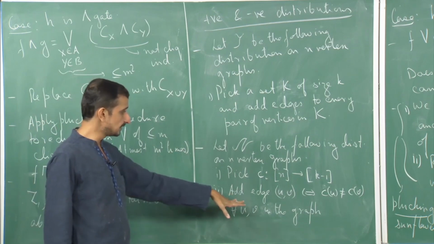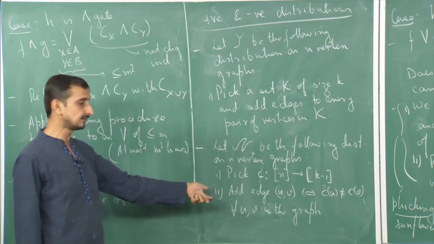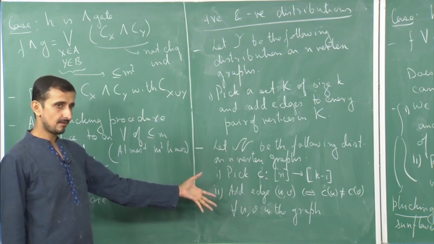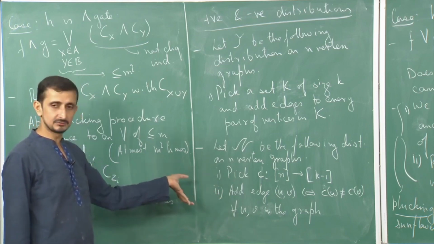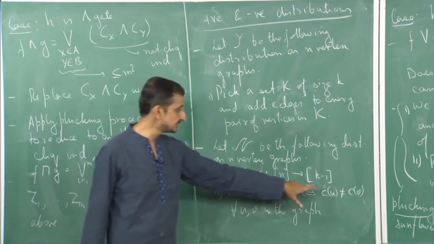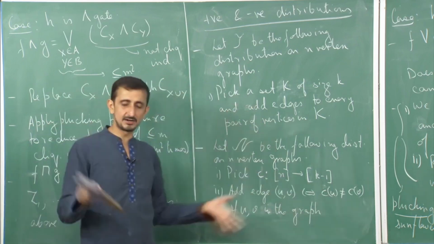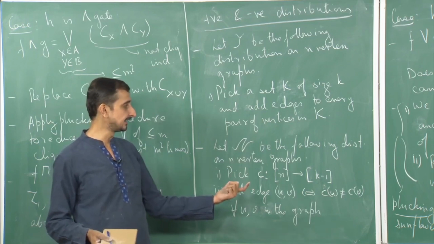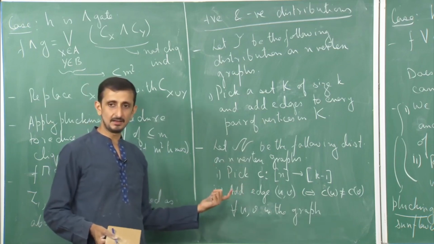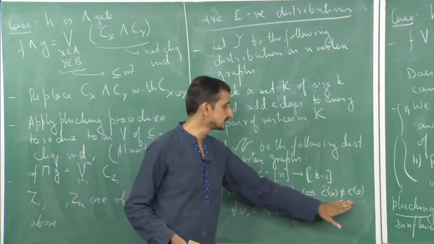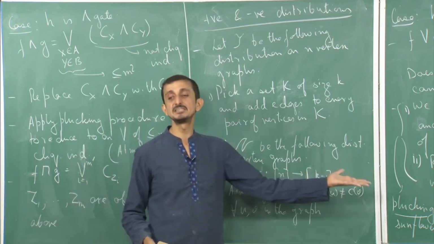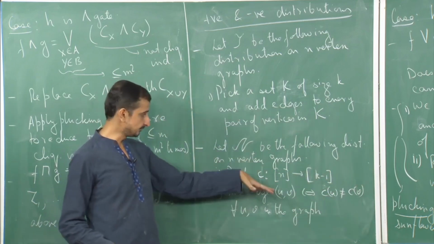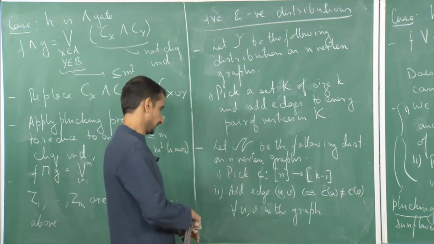And here, why does this not have a k clique? Suppose there was a k clique, then there would be at least two vertices of the same color. Exactly. So if there was a k clique, by the pigeonhole principle, I have k vertices which form the clique, and there are two vertices in that k clique which have the same color. Now, that is a contradiction because then I would not have an edge between them if two vertices had the same color. So a graph picked from this distribution does not have a k clique. Okay.